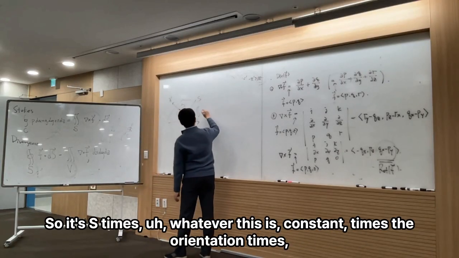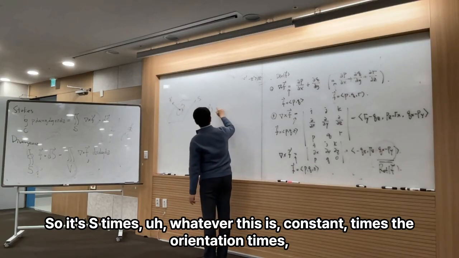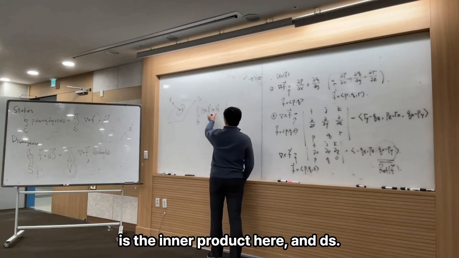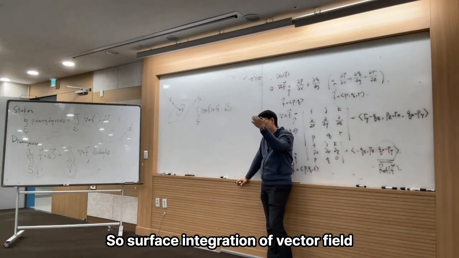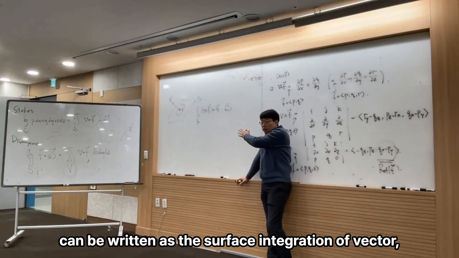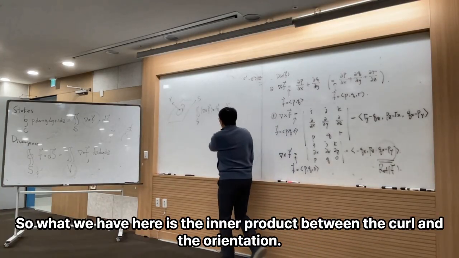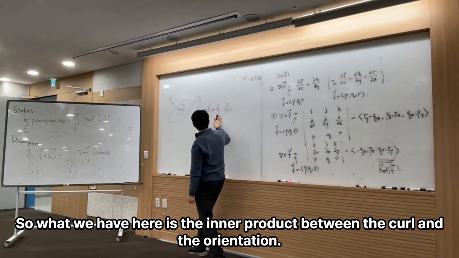It's S times whatever this constant is, times the orientation, with the inner product here, and dS. So the surface integration of a vector field can be written as the surface integration of a real-valued function like this. What we have here is the inner product between the curl and the orientation.